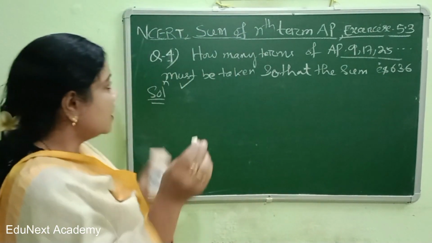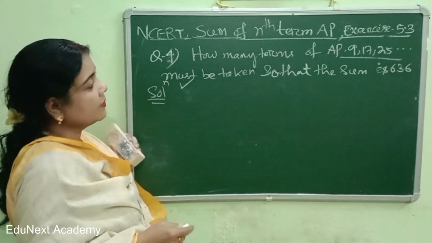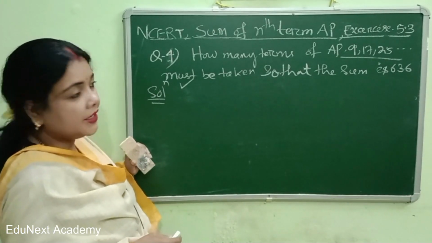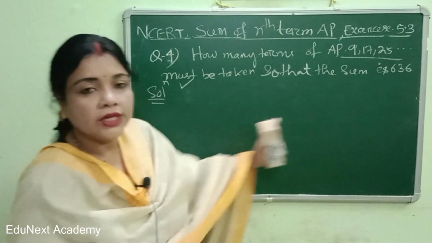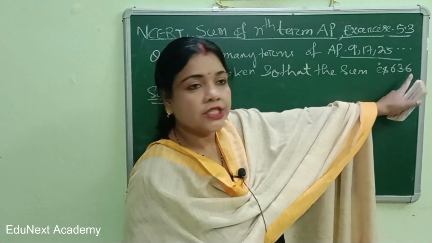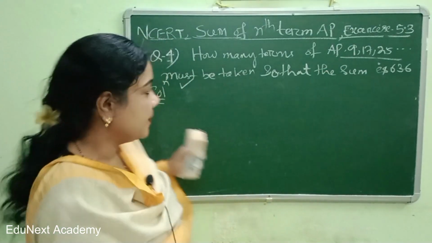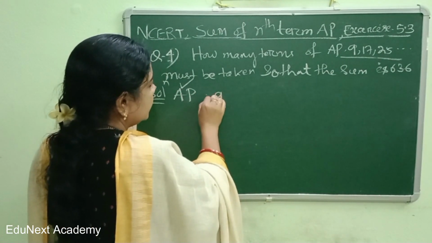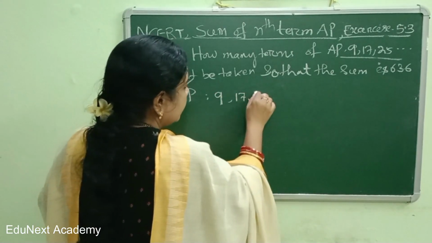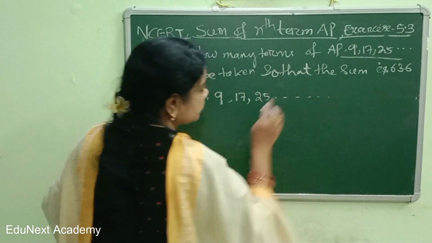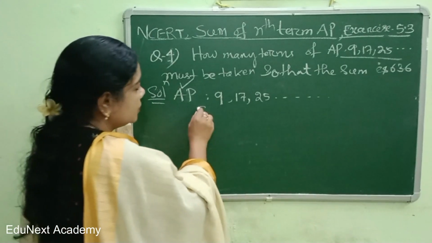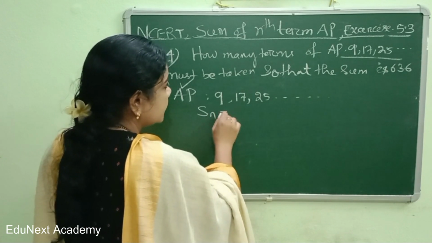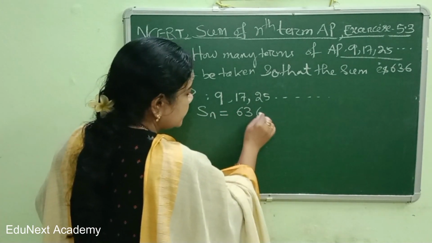Question number 4 asks how many terms of the AP 9, 17, 25 and so on are needed to give a sum of 636. So the AP is given, and the sum S of n is given as 636.